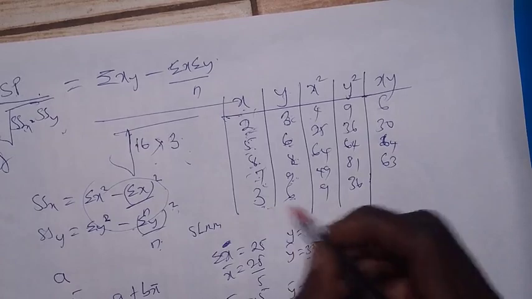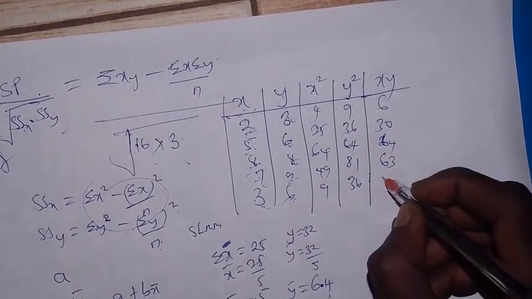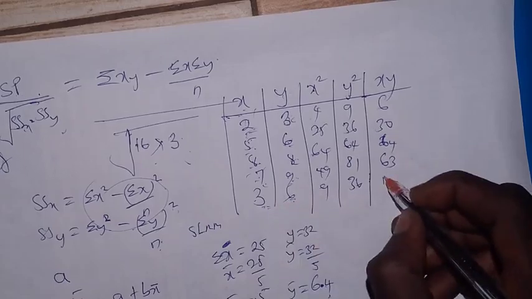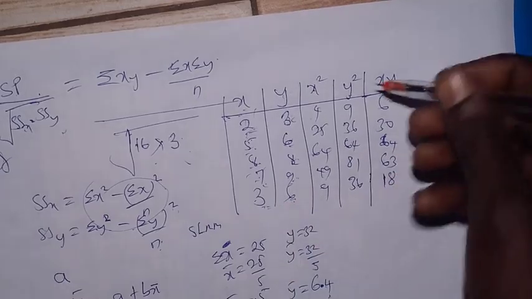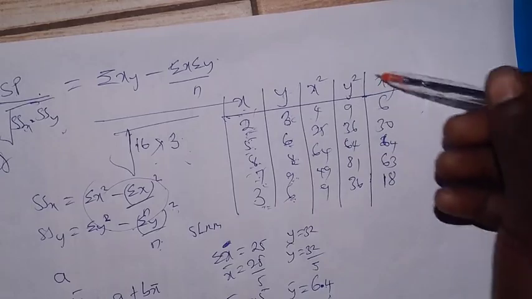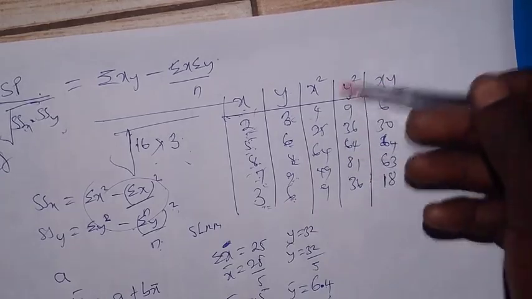And then 3 times 6 is 18. So this is how you fill the remaining columns of the table.